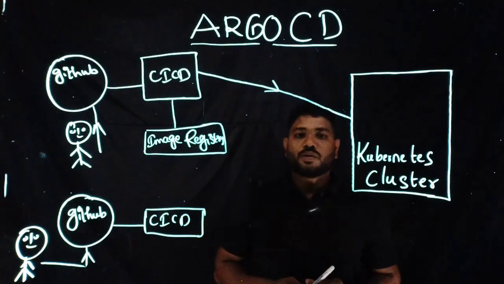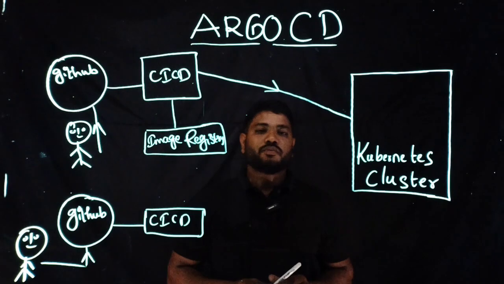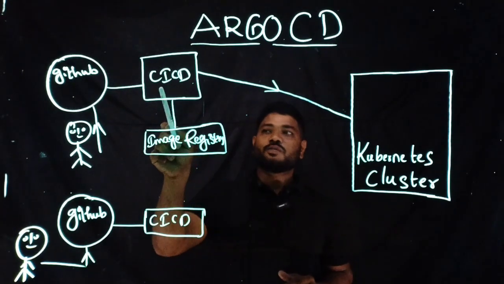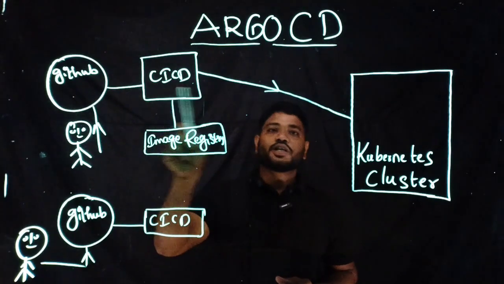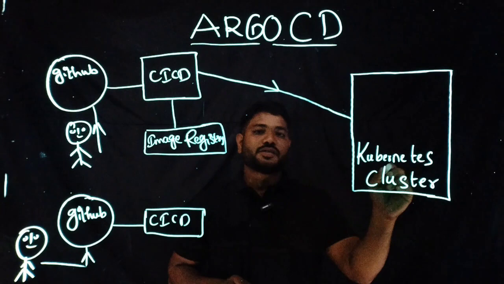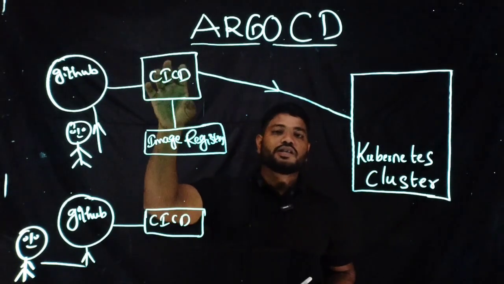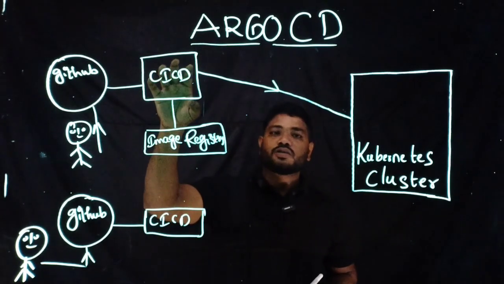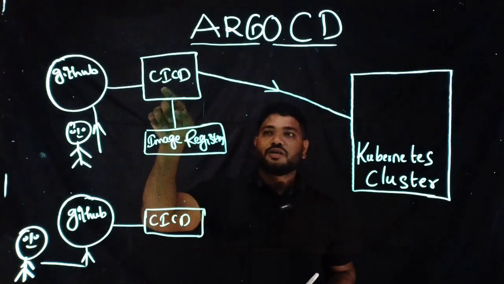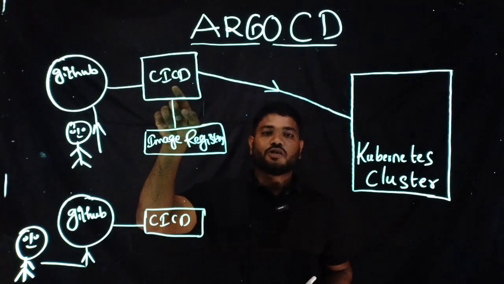So the problem here is that every time a Kubernetes deployment happens, it takes sensitive information related to the cluster, for example a username and password. The CI/CD tool, let's say Jenkins, does the deployment of our manifest files using the sensitive information we have kept in the Jenkins configuration.